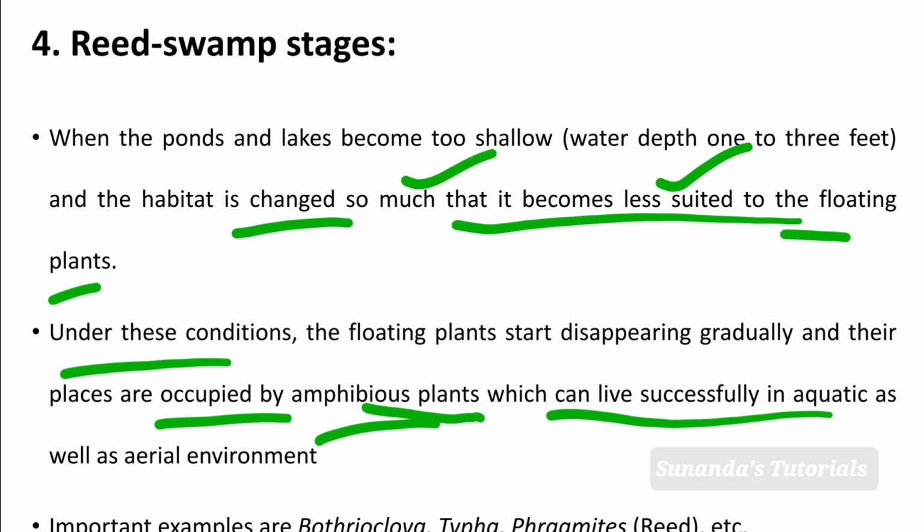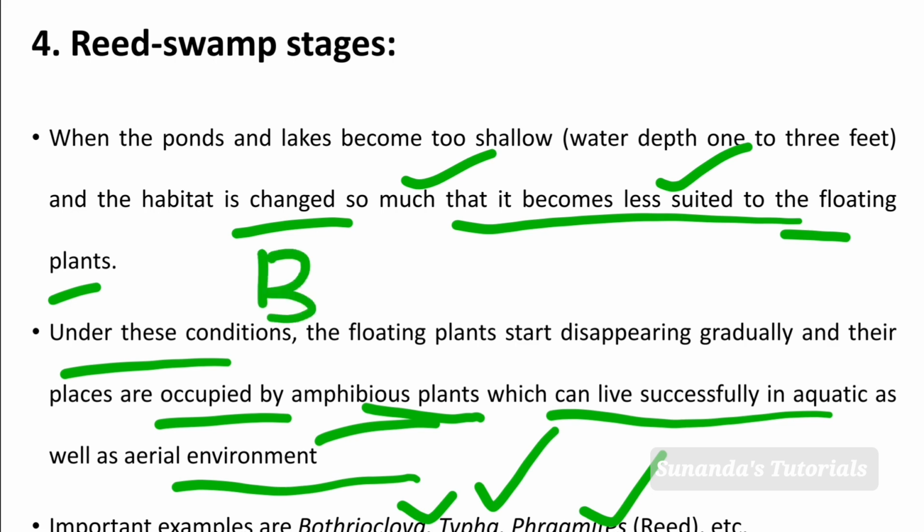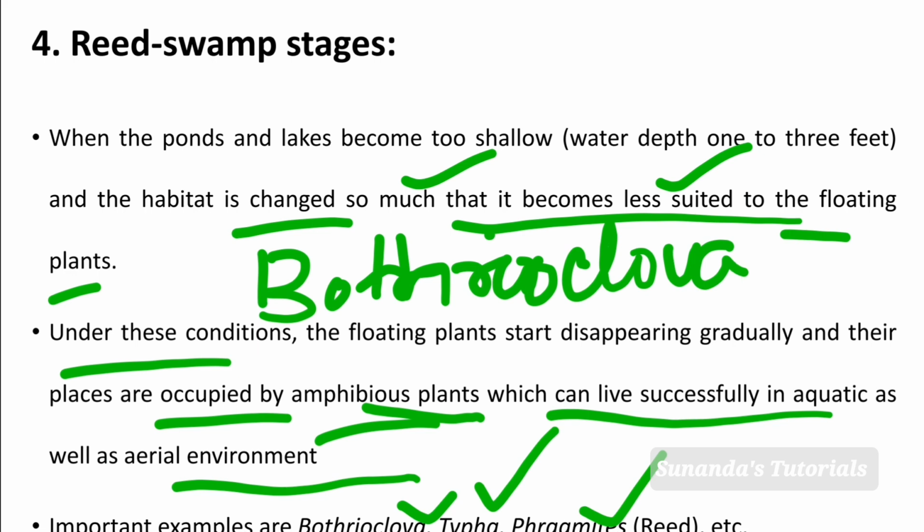Important examples of this reed swamp stage plants are Bothrioclova, Typha, phragmites. See, this is Bothrioclova. Second one is Typha.